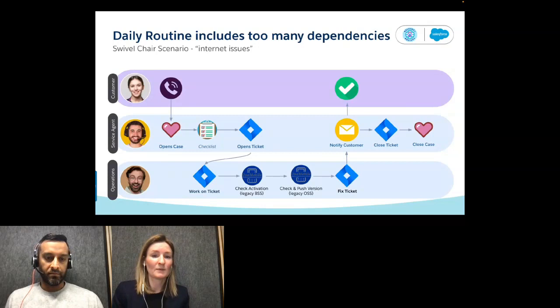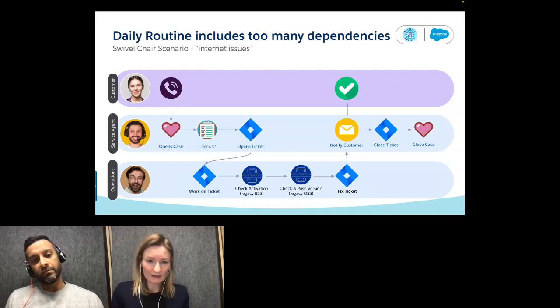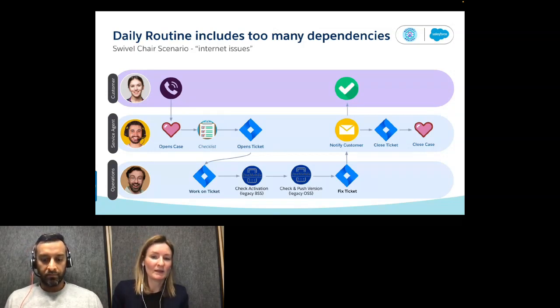Based on this, he opens up a case, working with Service Cloud, and he has all these different checklists and systems available where he can check what could be a potential reason behind the issue Simona is experiencing. So he's going through a checklist.